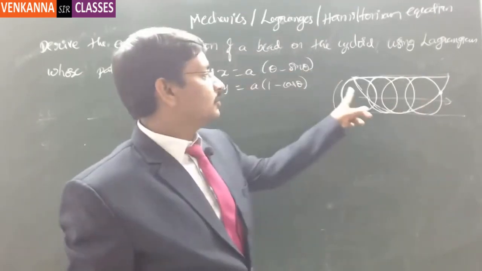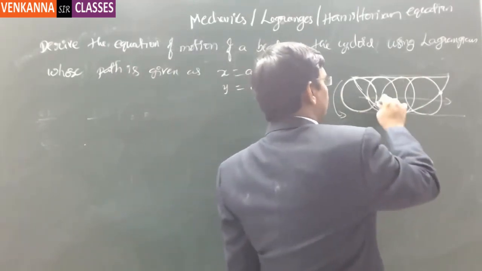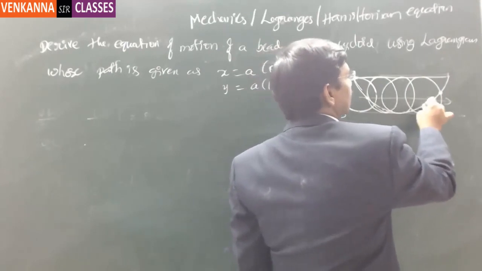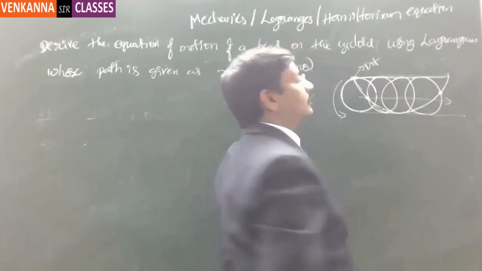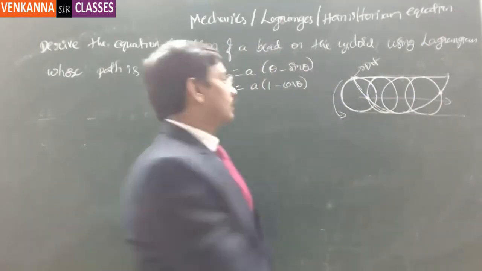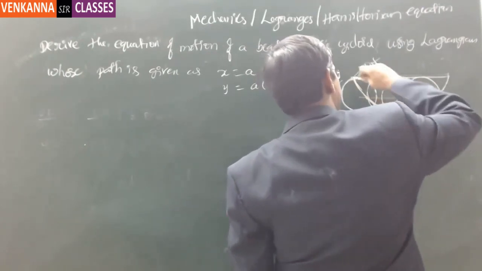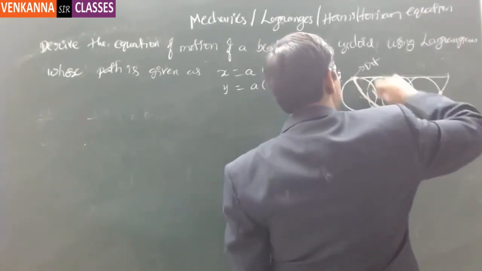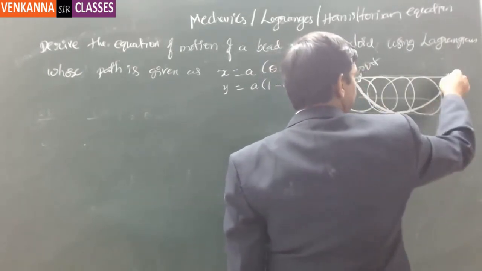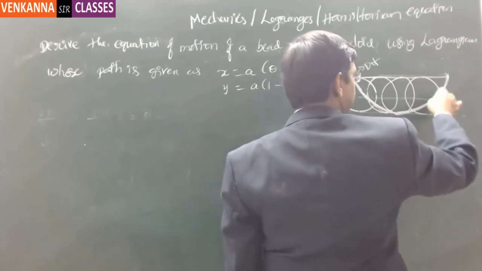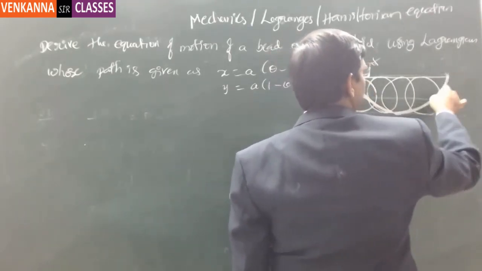So when this is rolling, this is how the dot is traveling. All these points are the path of the dot. The path I am highlighting here is the path of travel.